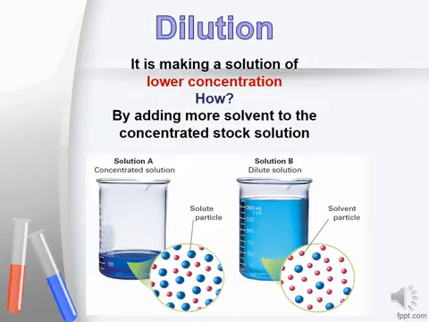By increasing the amount of solvent, I lower the concentration. Look at beaker B. It is paler in color. Paler means it is more diluted or less concentrated, meaning the amount of solute is decreased and the amount of solvent is increased.